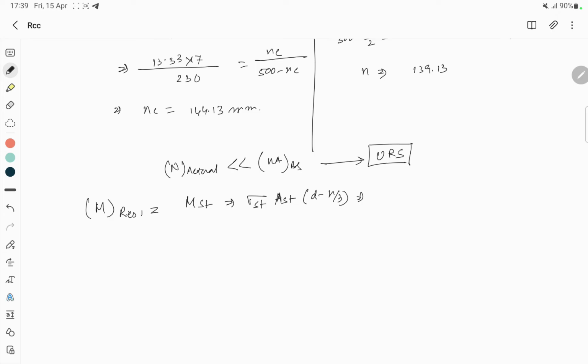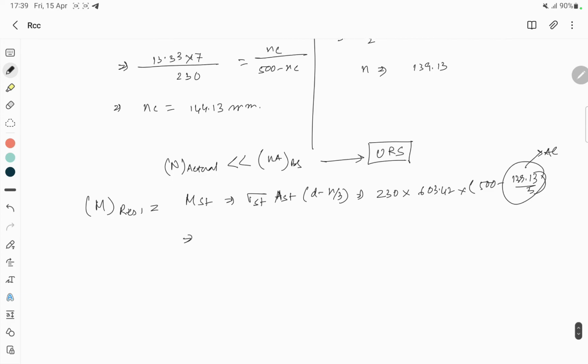That means 230 into the AST value 603.42 into 500 minus 139.13 by 3. Why are we taking N? Because it is the actual value, we always take the actual value. So that equals 62.95 kilonewton meter. So this is the answer for the moment of resistance.